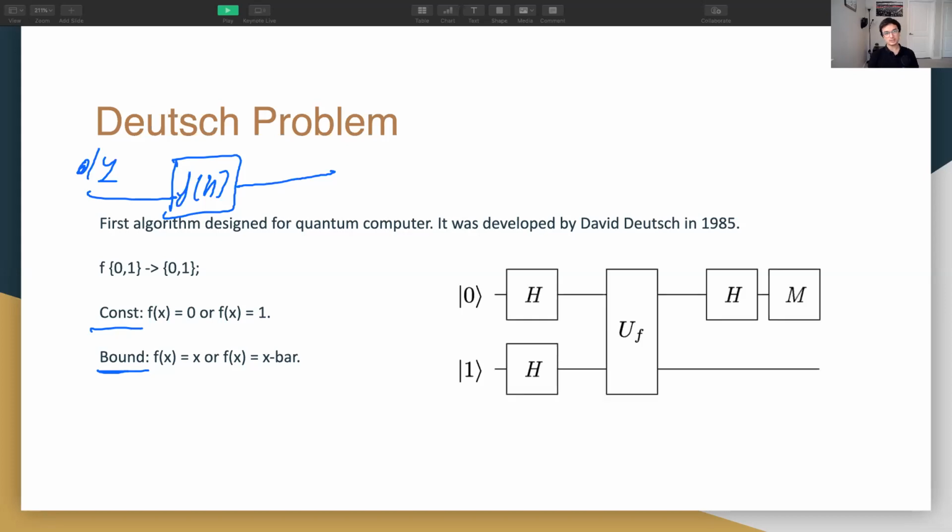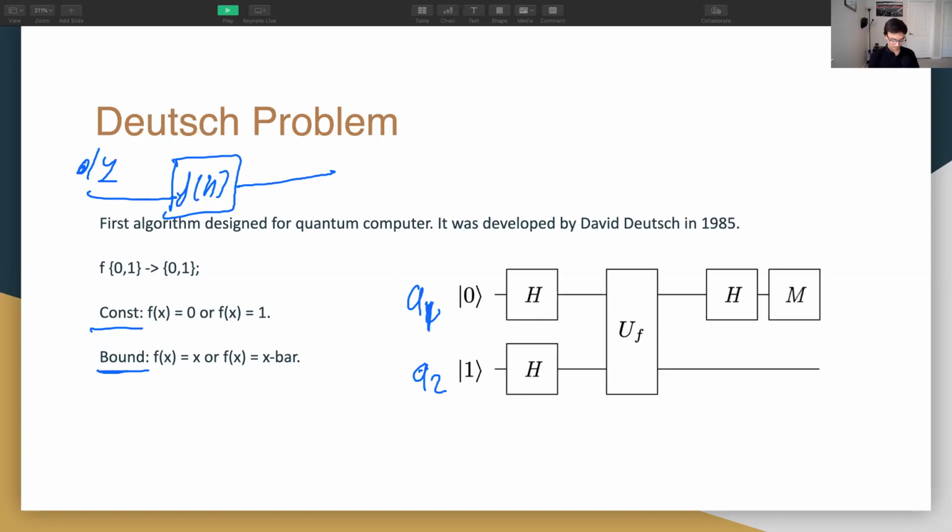As you can see on the screen, this is the circuit to solve the Deutsch problem. We have introduced one more qubit, Q2, and Q1 is our qubit that we have to analyze.